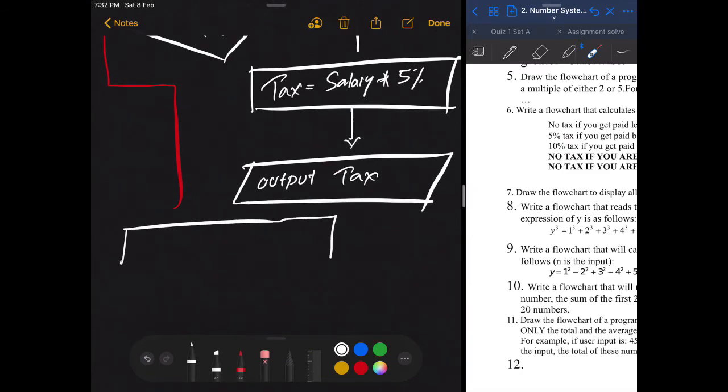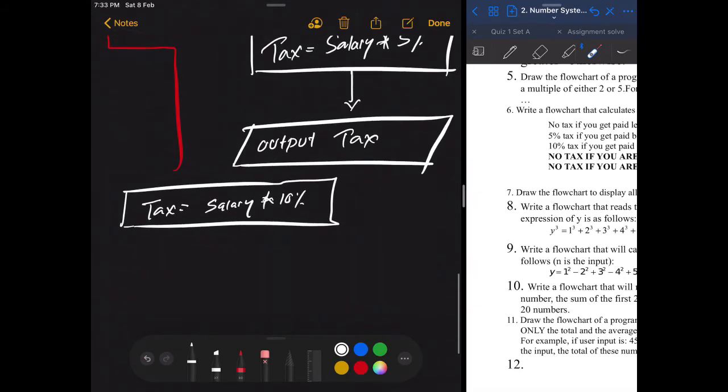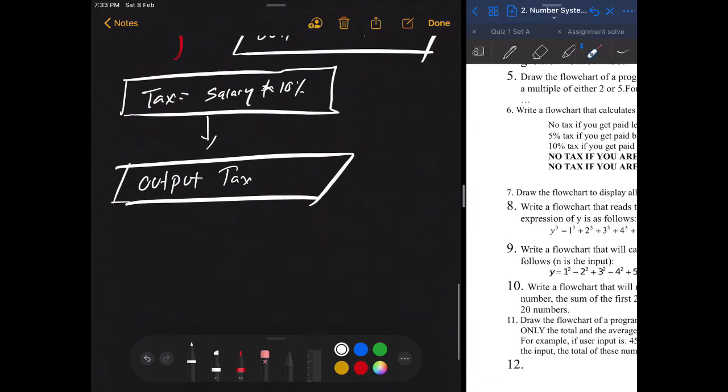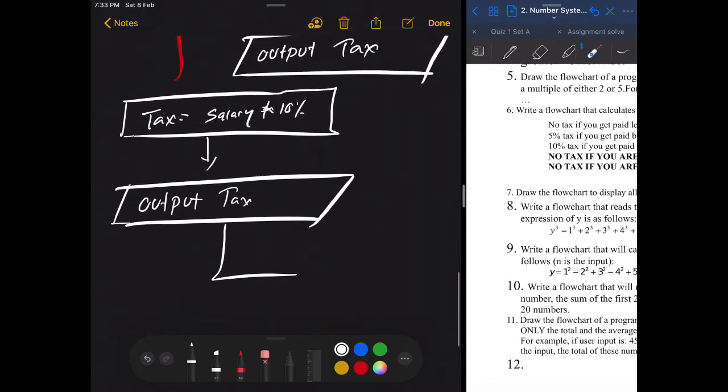We're going to do a calculation again. So tax equals salary times 10%. Then we're just going to show the output, tax, and that would be the end of the whole flowchart.